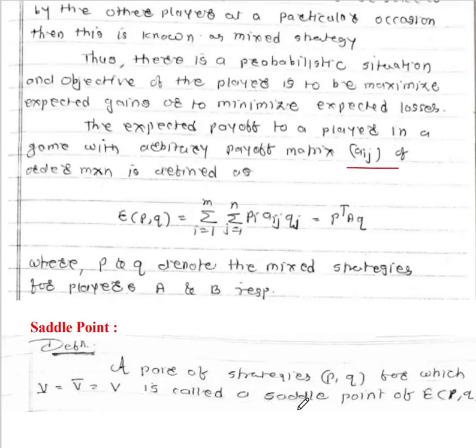A pair of strategies (p,q) for which lower v bar equal to upper v bar equal to v is called a saddle point of E(p,q). Where the minimax and maximin intersect or are equal, there exists a saddle point. So this is the mathematical definition of the saddle point.